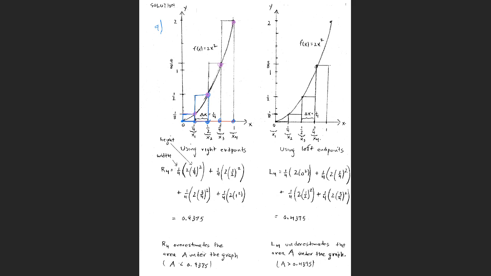The first rectangle has a width of a fourth, and height of 2 times a fourth squared. So this here is the area of the first rectangle. This here is the area of the second rectangle. Again, the width is a fourth, but the height is 2 times a half squared. Here's the area of the third rectangle, and here's the area of the fourth rectangle.